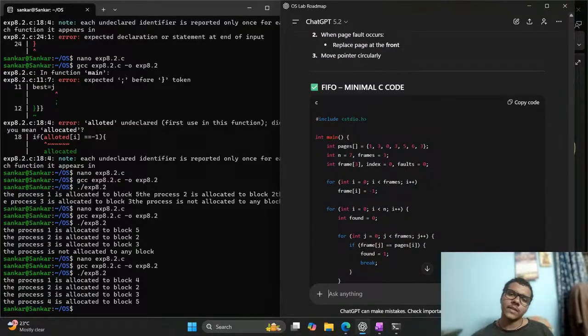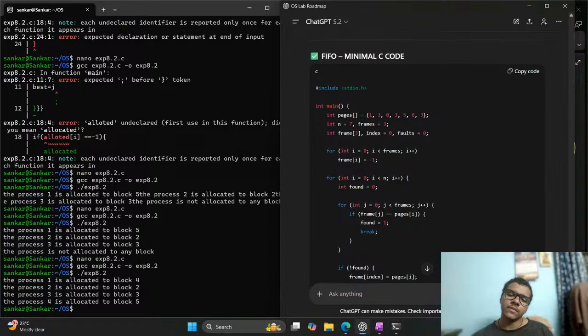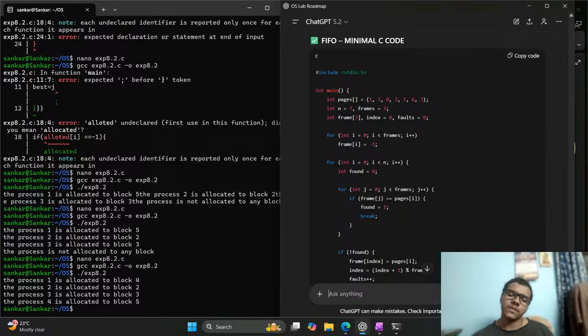Create initialized pages and frames, and the frames are set to -1.